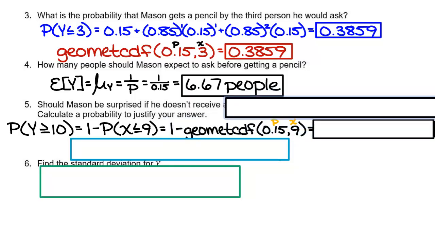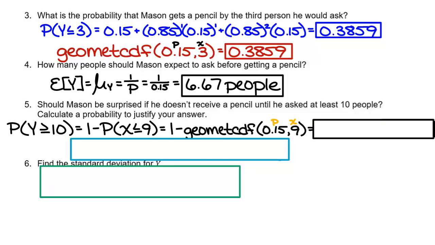So I'm going to cheat, and I'm going to use my geometric CDF. That's not cheating, by the way. But it is a lot faster than doing the probability of 1 plus the probability of 2 plus the probability of 3 plus the probability of 4 all the way up to 9, like we could do on the other problem.